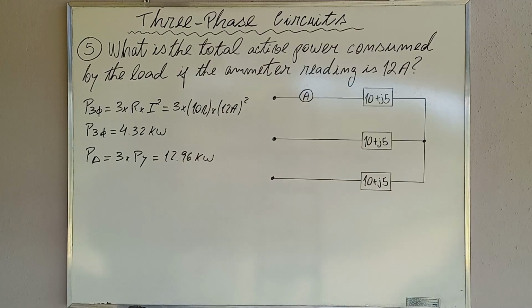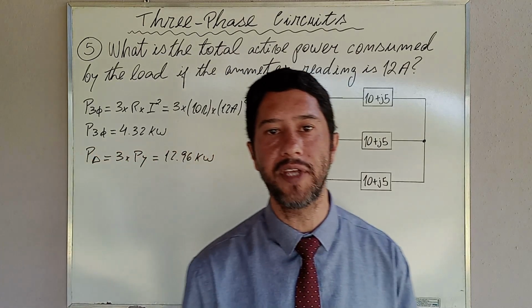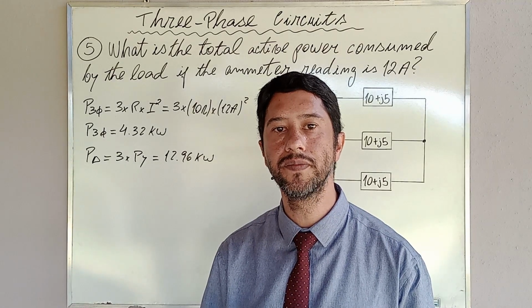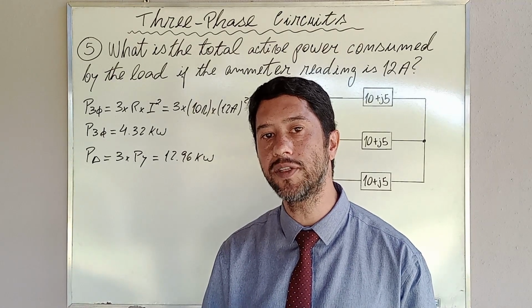This increases the phase current by a factor of square root of 3. Since the active power is proportional to the square of the phase current, the total power becomes 3 times larger. And this is all for the debate of exercise number 5. Let's go to the next.